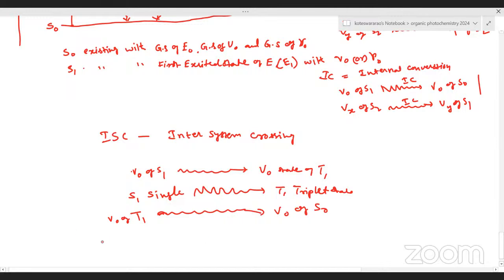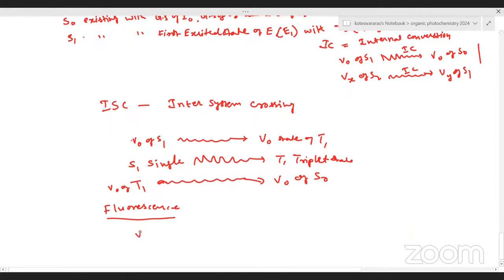Now, what are phosphorescence and fluorescence? First, look at fluorescence. It is the transition from V0 of S1 directly to V0 of S0 by emitting light, or from some Vx of S2 to some Vx of S1 by emitting light.